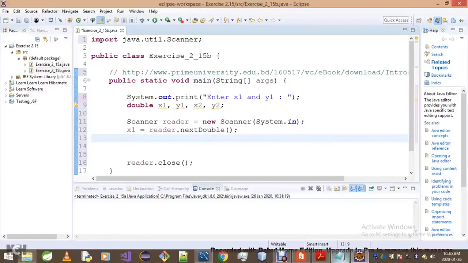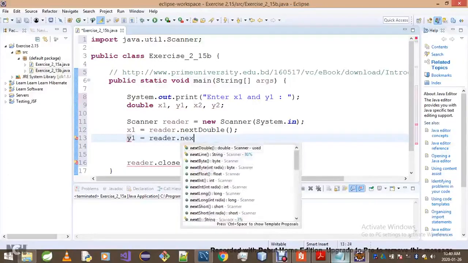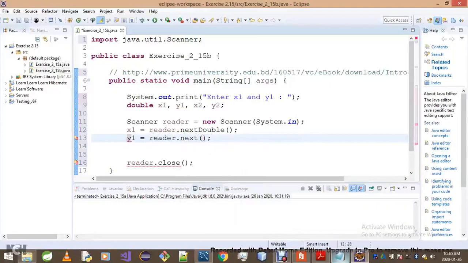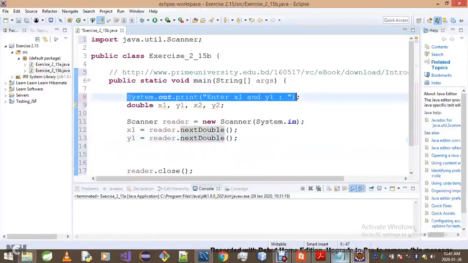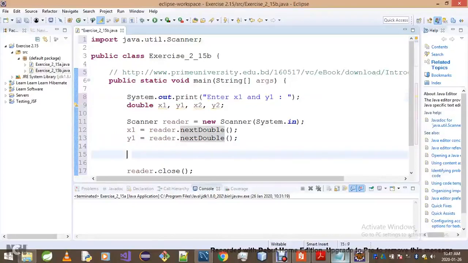What else? What I'm going to do is simply go y1 equals reader.nextDouble. Why next? I said nextDouble, didn't I? Once you do that again, what did I say about this whole idea of copying?